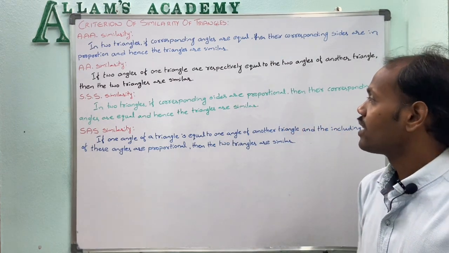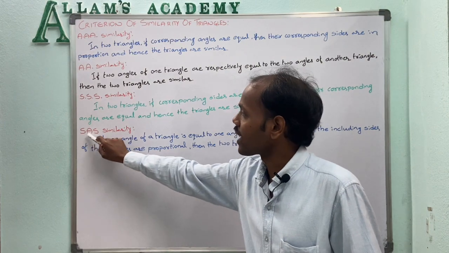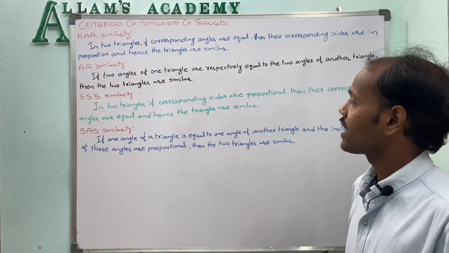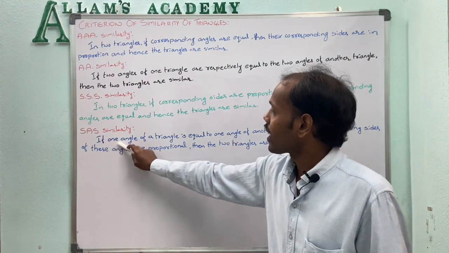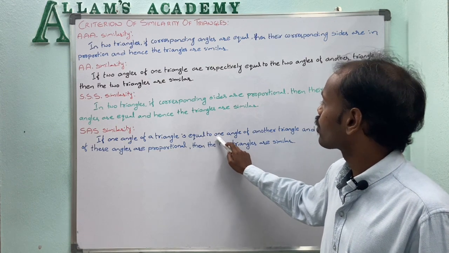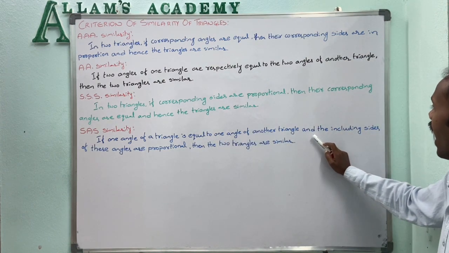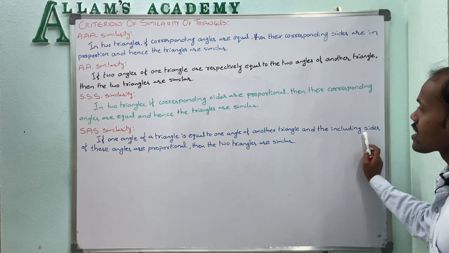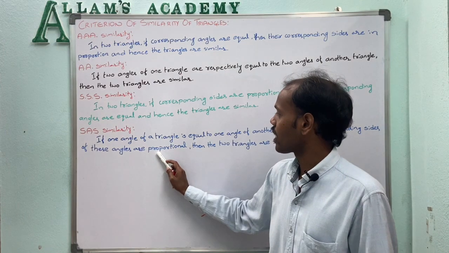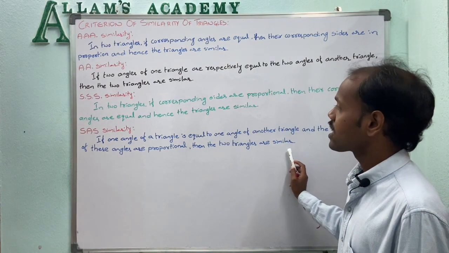Next, SAS similarity. SAS means side angle side. This similarity is stated as: if one angle of a triangle is equal to one angle of another triangle and the including sides of these angles are proportional, then the two triangles are similar.